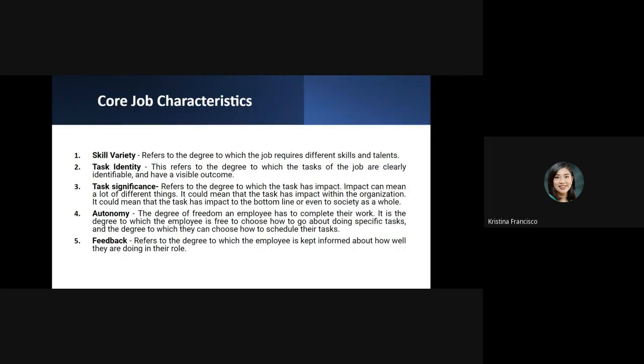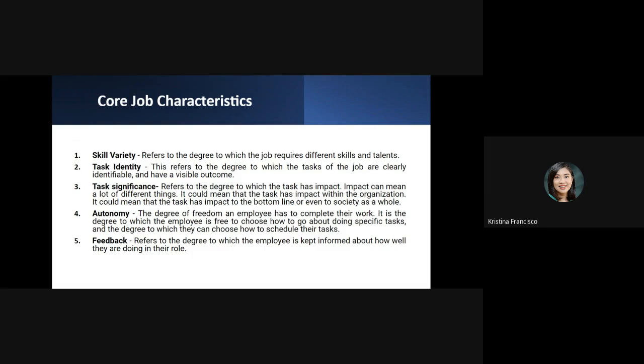And so, what is the core characteristic of this model, JCM? So, this theory suggests that jobs requiring a variety of skills and talents are more meaningful to employees as they feel their work has a broader impact. When employees clearly understand their task, know when they completed them, and see the outcome, they experience greater job satisfaction.